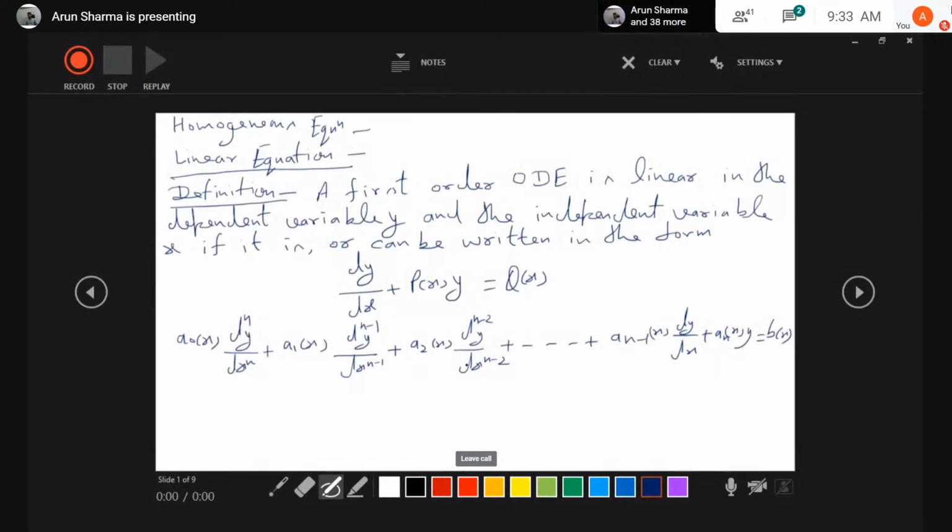Can you recall this differential equation? Okay, so this is of order n.